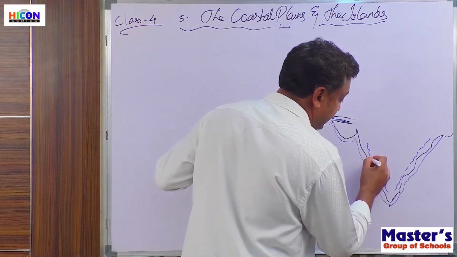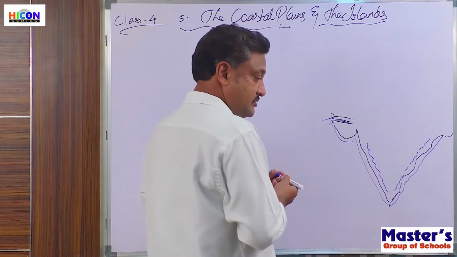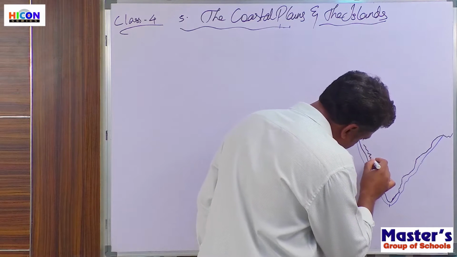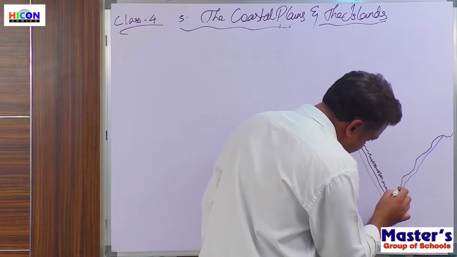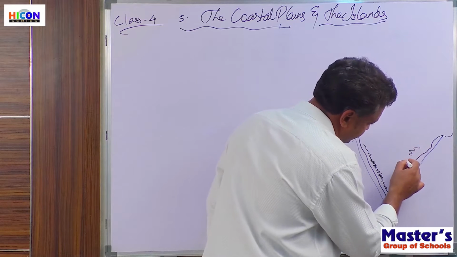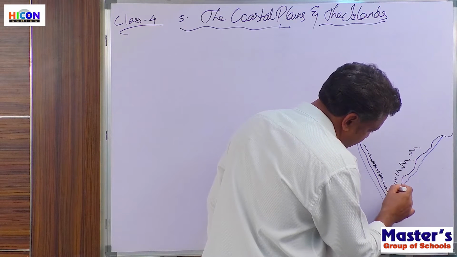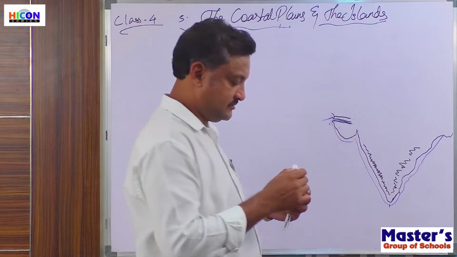So now we need to understand that there is another physical feature which lies in between the coastal line and these mountains. Okay. So this is the Western Ghats, and these are the Eastern Ghats, right?